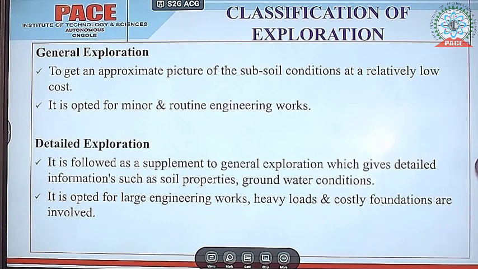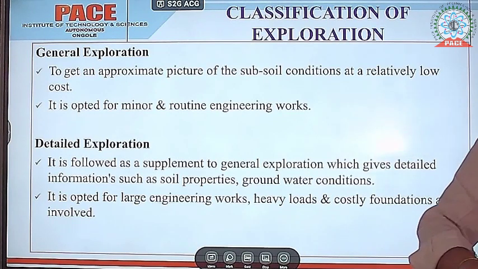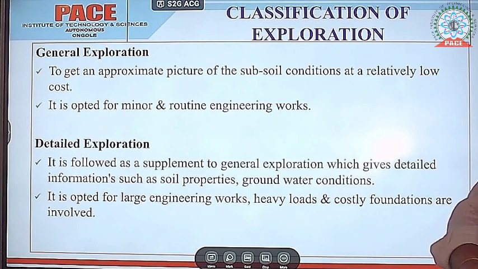For this there are two types of exploration, that is general exploration and detailed exploration. General exploration is to get an approximate picture of subsoil conditions at a relatively low cost, and it is opted for minor and routine engineering works.